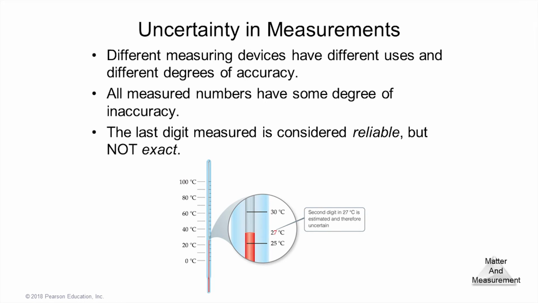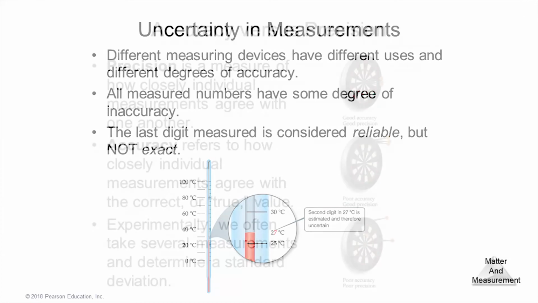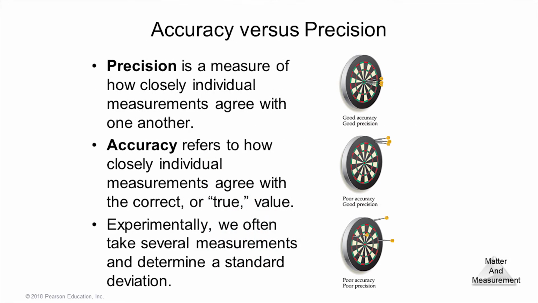Another important thing is accuracy versus precision. What is precision? Precision is how close the individual measurements agree with one another. In this slide, I'm showing you a target, how close you are to the target. Example, you may weigh 10 grams of a wooden block.